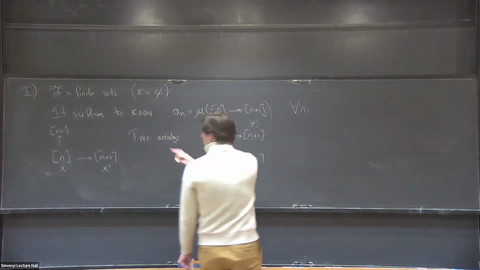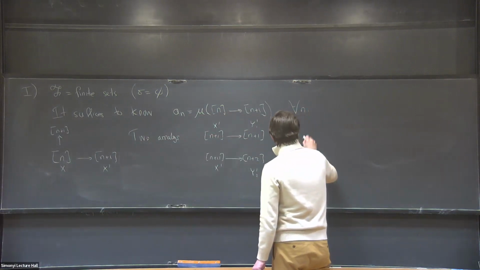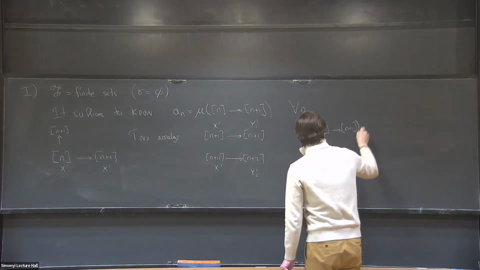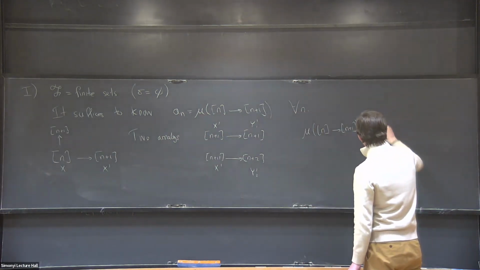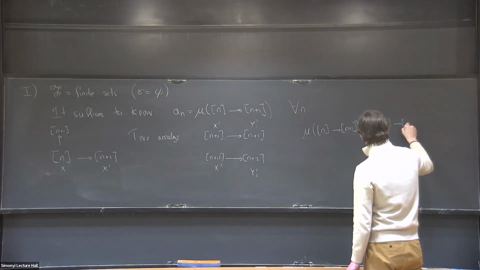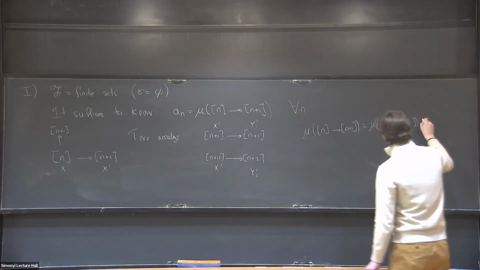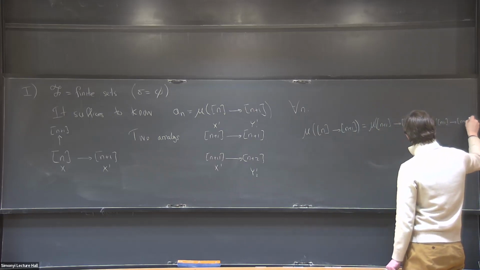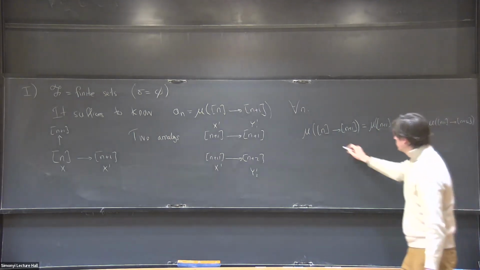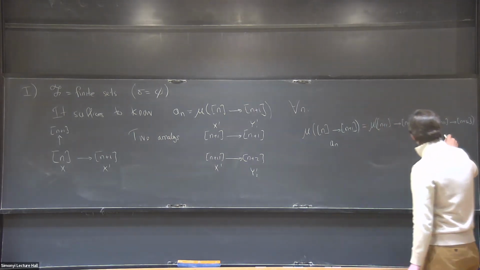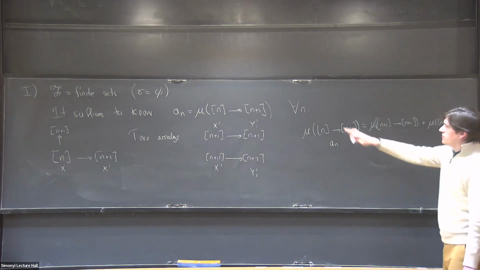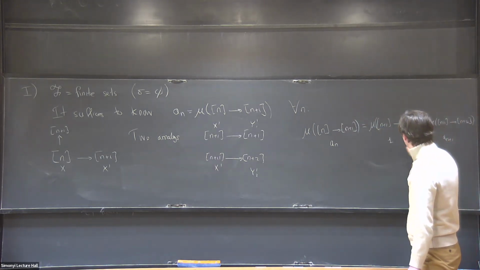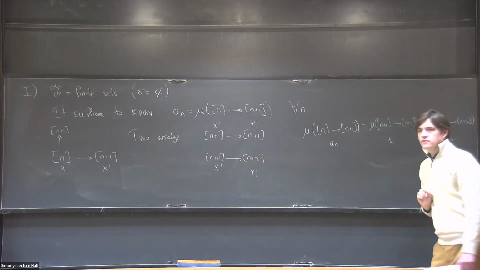And so our equation number 3 in this case says that mu of n going to n plus 1 is equal to mu of n plus 1 going to n plus 1, plus mu of n plus 1 going to n plus 2. And this is what we called a_n, and this is what we called a_n plus 1. And the first condition in amalgamation is that mu of an isomorphism is 1, and here we have an isomorphism, so this has to be 1. And so this is what the equation tells us here.